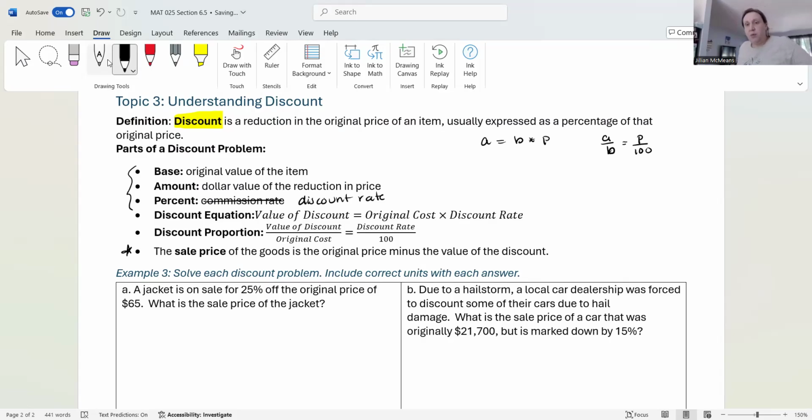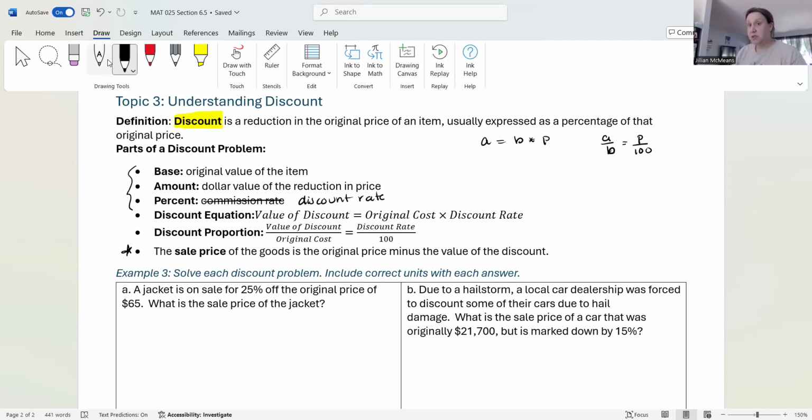Now we do have this one extra little piece here, and something similar came up with sales tax. When we were dealing with sales tax, the amount was the actual value of the tax, the base was the pre-tax cost of the goods, and the percent was the sales tax rate. And sometimes you have this extra step.